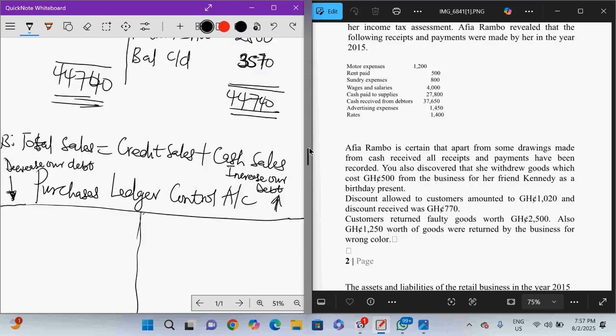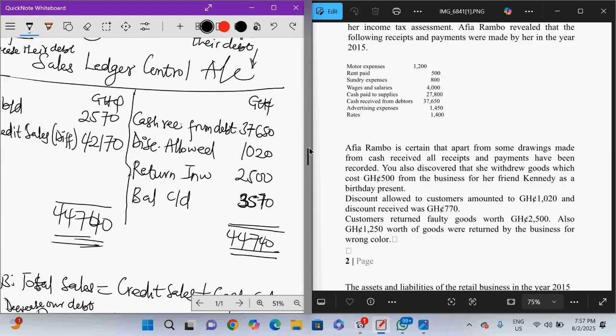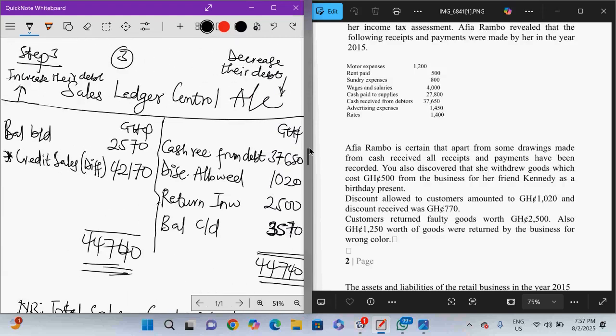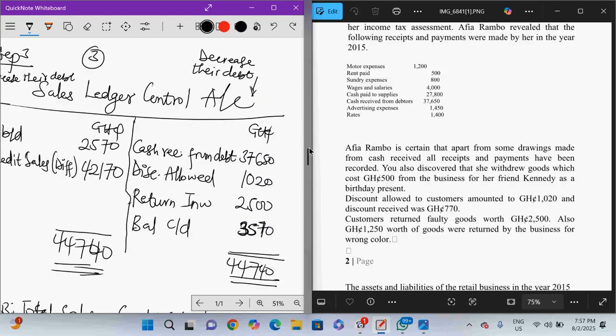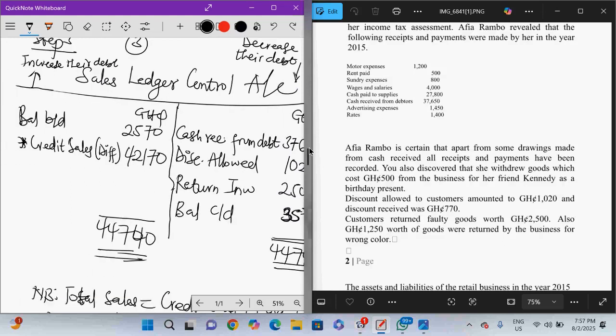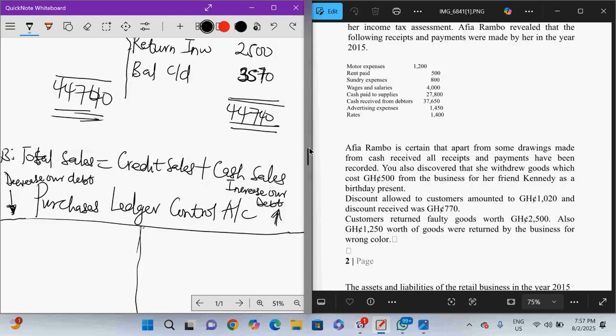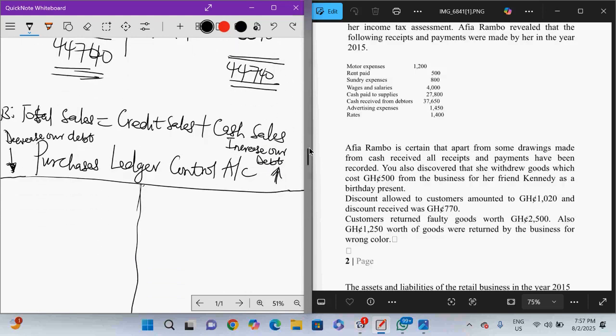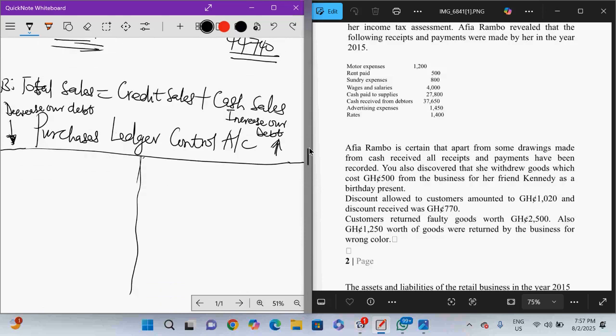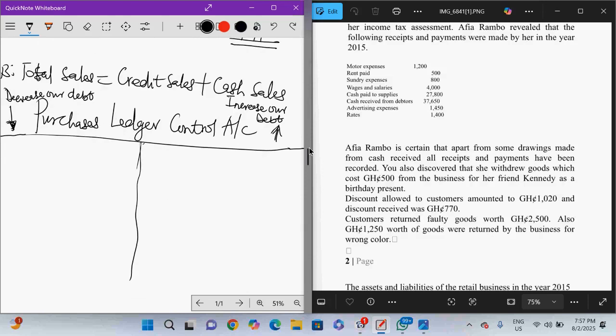It's opposite of the sales. In the sales, the debit side increases and the credit decreases, because they are talking about our customers. When it comes to purchases, we are the customers to our suppliers, so we decrease our debt. You know the difference. So any item that would decrease our debt, you bring it here.